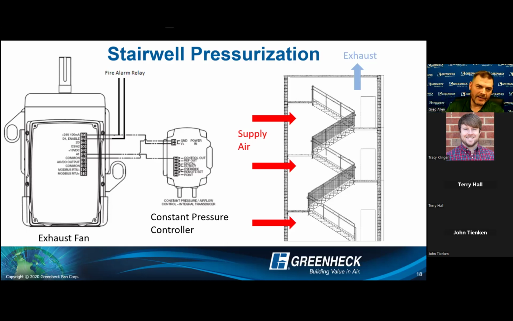Now, also on this one, I did have a fire alarm relay drawn in. And that's because even though this is a stairwell, 100% of its life, there's not always a fire. So in some applications, you may want to run a fan at a lower point just to maintain airflow. You may want that system standalone and separated.